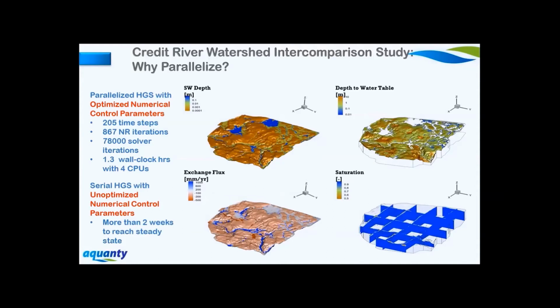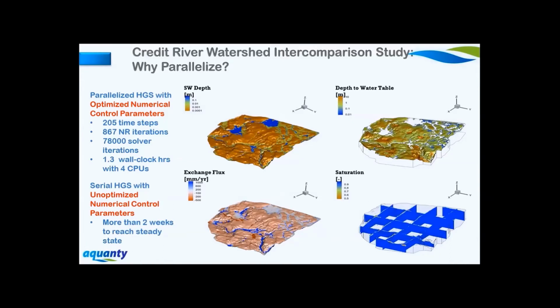Now, this is basically comparing the performance of HGS with and without parallelization and optimization of numerical control parameters. So you can see that with parallelization, this particular problem, to spin it up to a steady state, applying, let's say, average mean precipitation, took about 1.3 clock hours on an i7 Extreme computer.